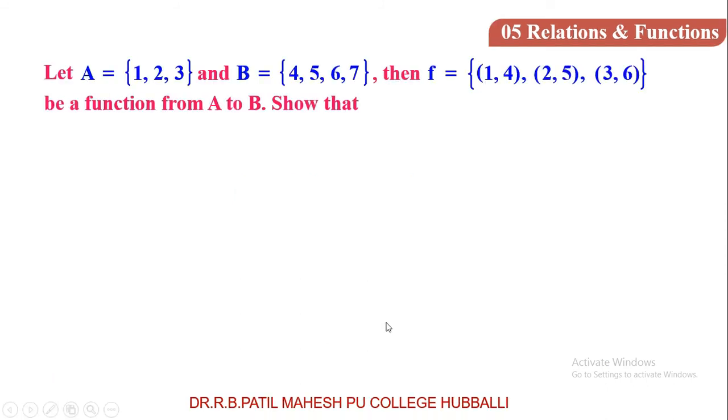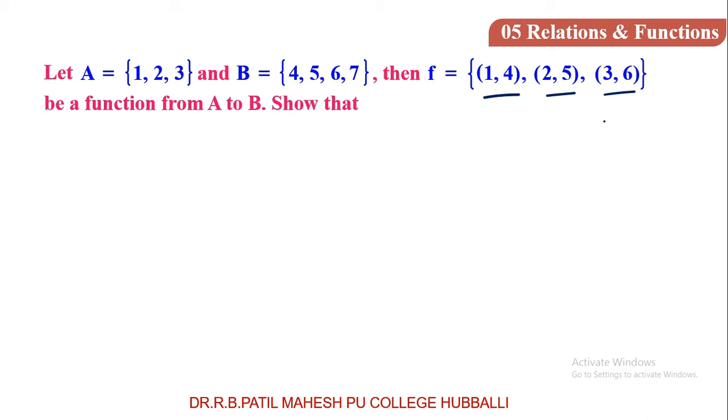Dear students, this is the best example to understand the basic part of one-one onto problems. Let A equal to {1, 2, 3} and the set B is {4, 5, 6, 7}. These are the two non-empty sets. Then you have a function having the ordered pairs (1, 4), (2, 5), (3, 6).